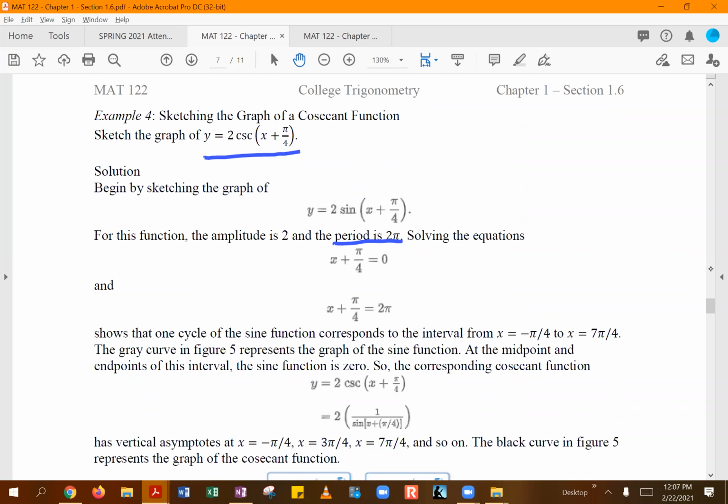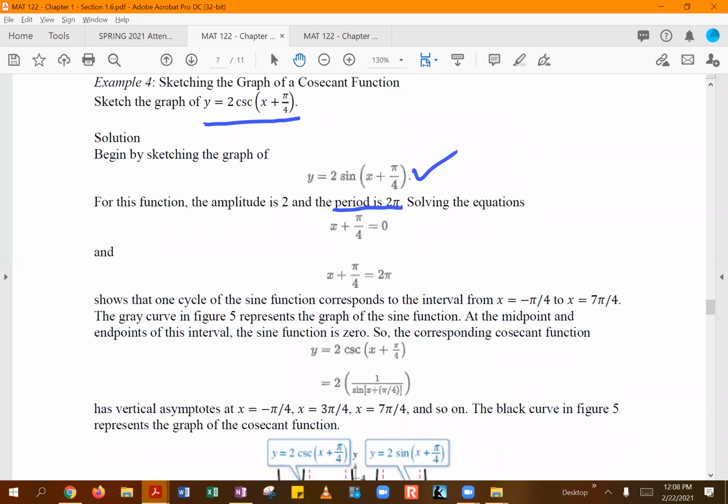But we are going to start by graphing this sine function over here. We're literally just changing that cosecant to sine, and we're going to graph that function first. Then we're going to use the idea of doing the reciprocal and interchanging all those hills and valleys to come up with the graph of the cosecant function.